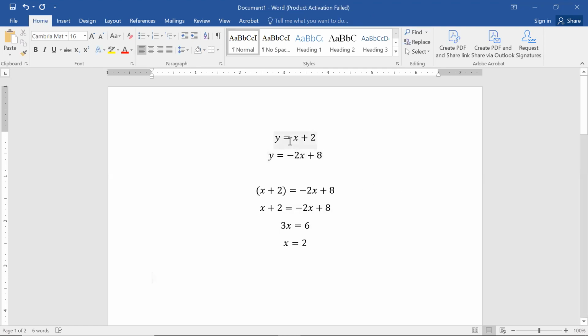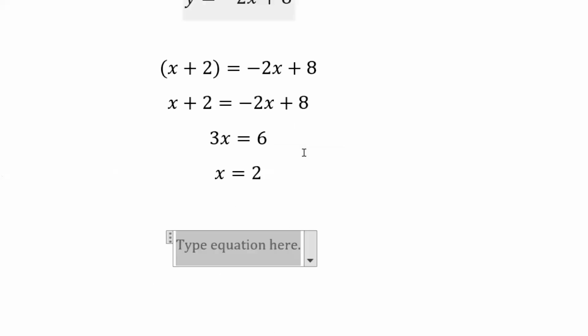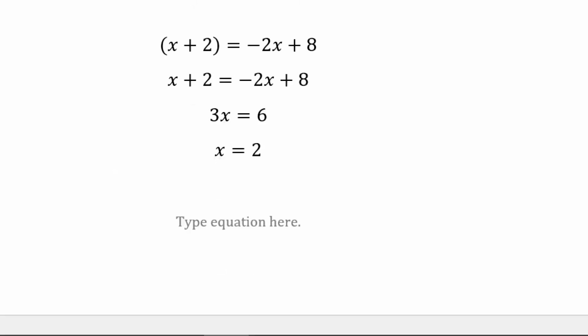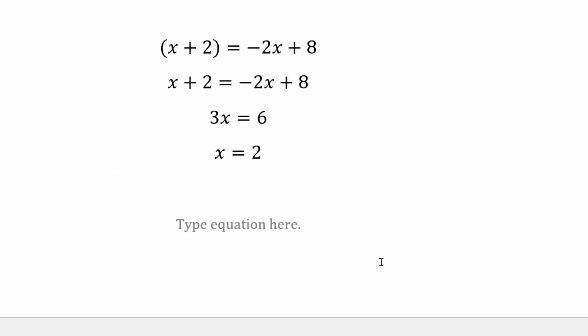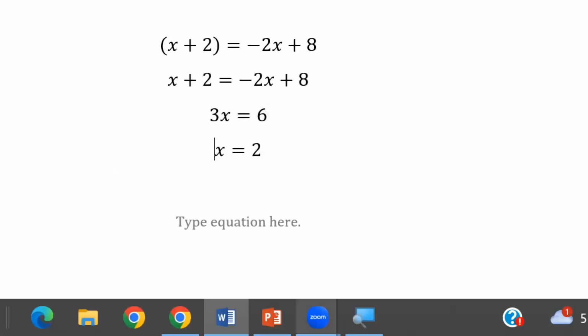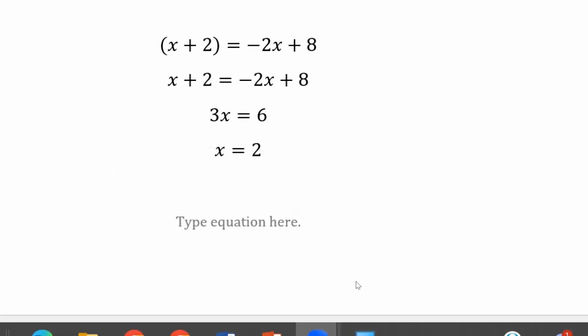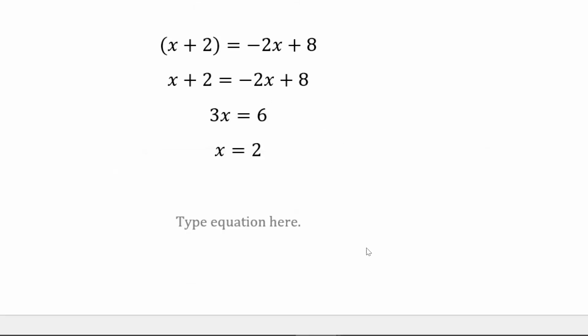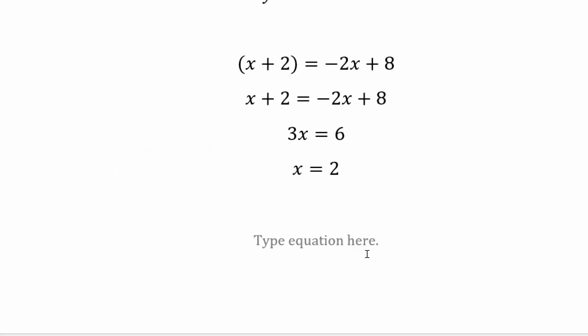You can utilize either equation here. I will utilize the first equation. I just hit something wrong.